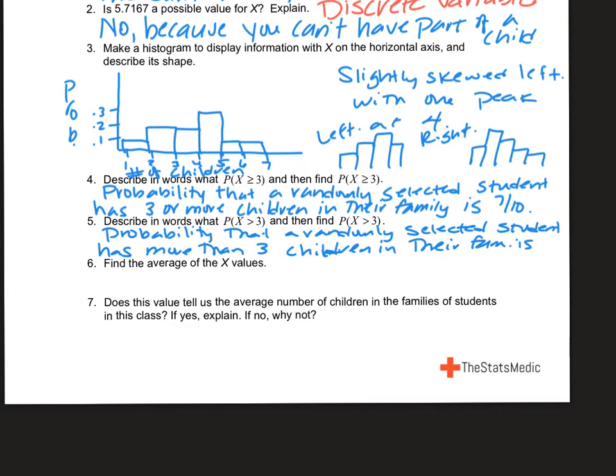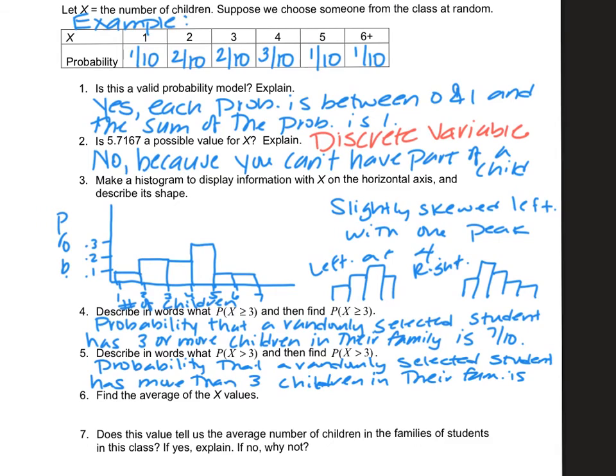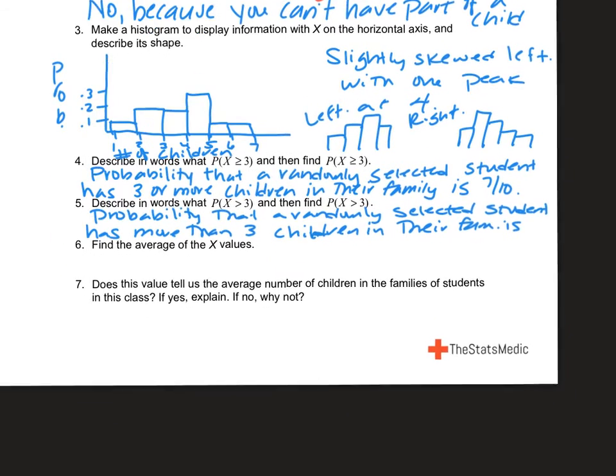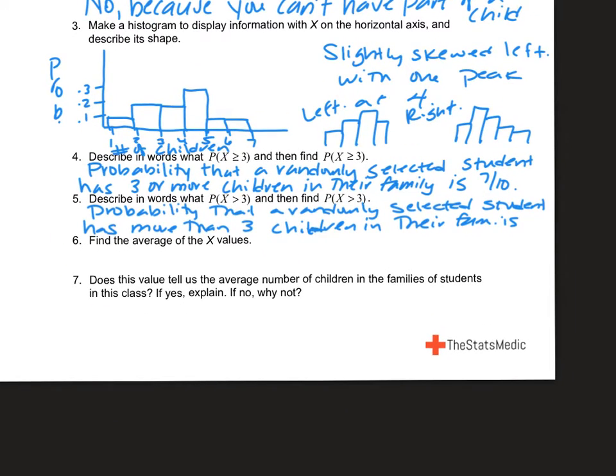And that probability would be, let's see, more than 3 would be 3, 4, 5 out of 10, or 1/2, 0.5, 50%, however you'd like to describe that.